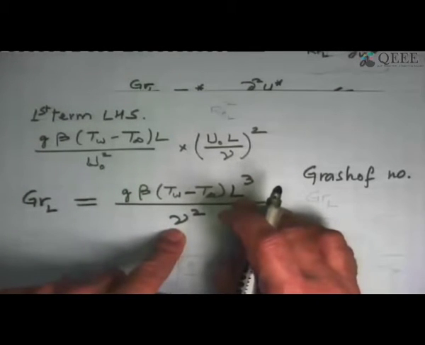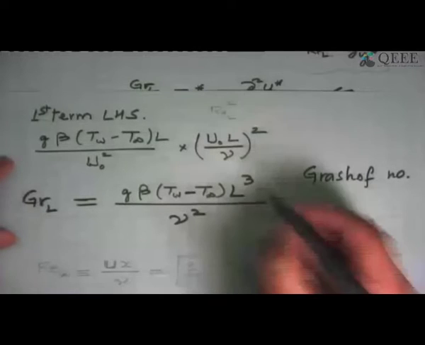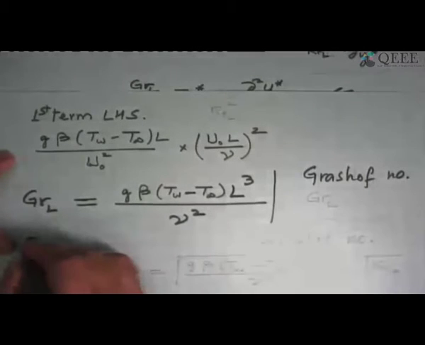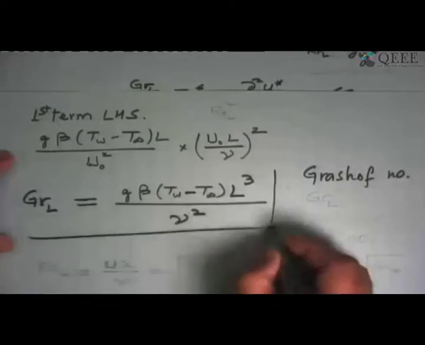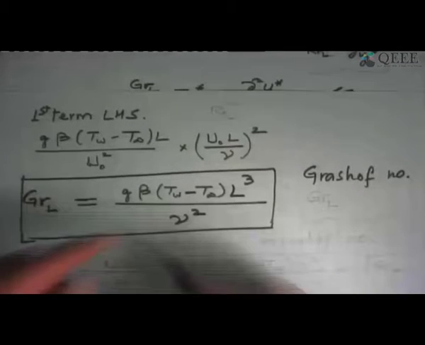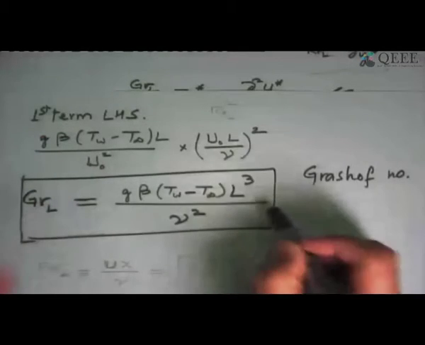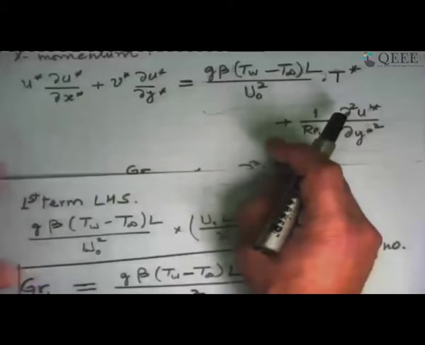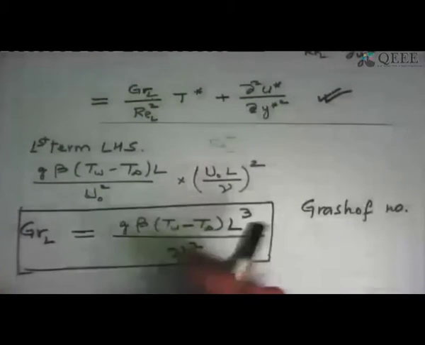L, the length of the plate, nu the kinematic viscosity of the fluid. So this is the definition of Grashof number. And the reason we got this particular complicated form was this particular way in which we non-dimensionalized the equation, defined certain parameters, and then came up with this.